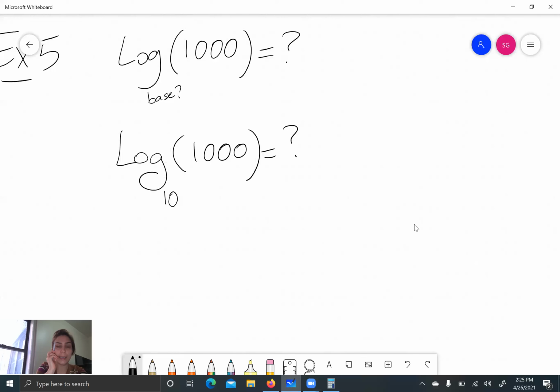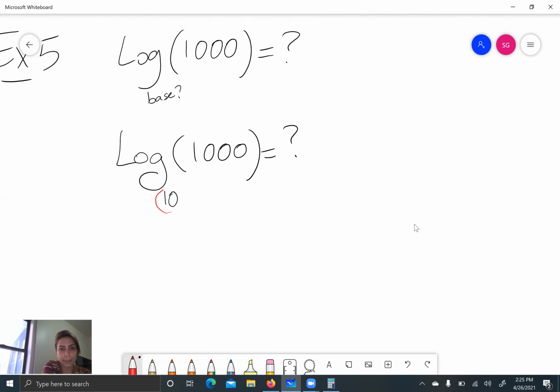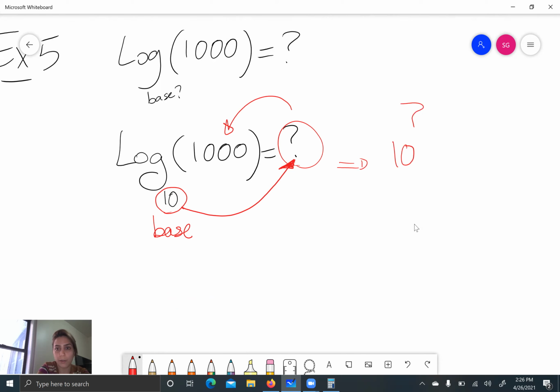Let's think about what this means in terms of an exponential function. It means that the base to the power of whatever the answer is should give me 1,000. So the base, which is 10, to the power of question mark, should give me 1,000.